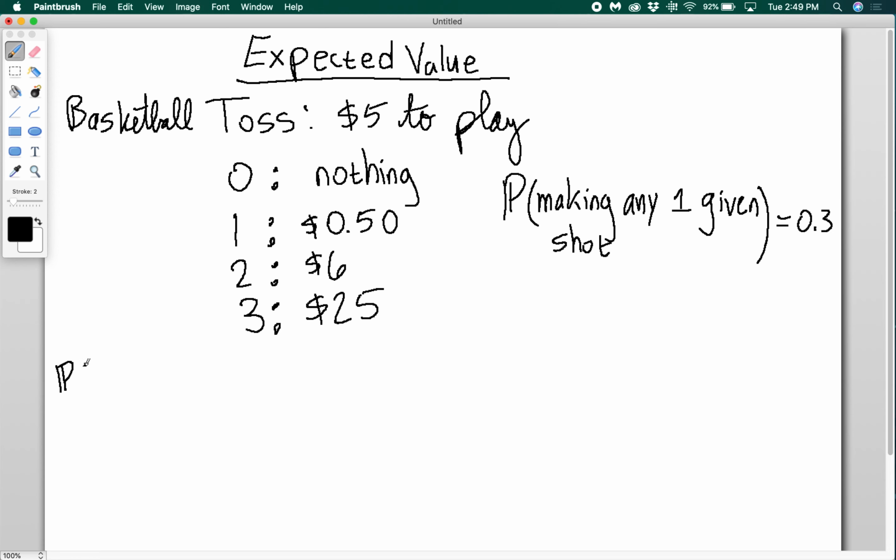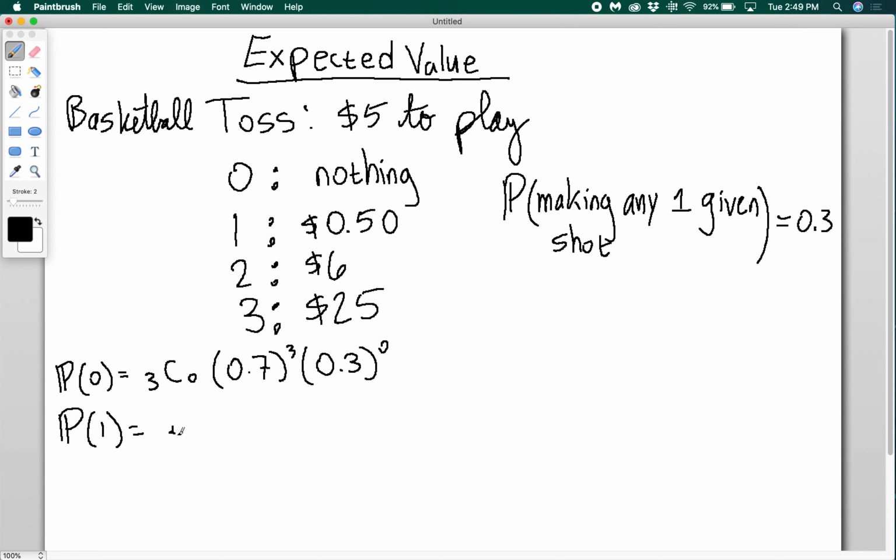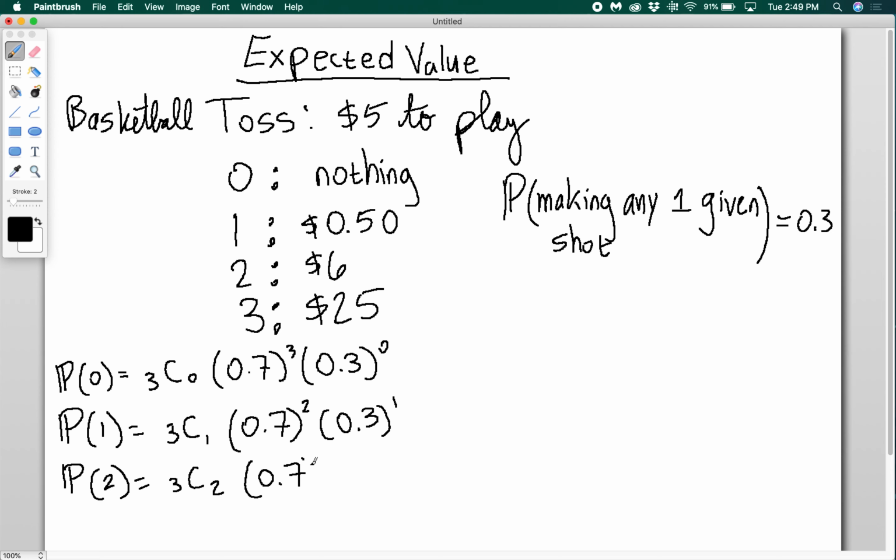So the probability that I get 0 baskets in is equal to 3 choose 0 times 0.7 to the 3rd power times 0.3 to the 0. Probability of getting 1 is 3 choose 1, 0.7 to the 2, 0.3 to the 1. Probability of 2 is 3 choose 2, 0.7 to the 1, 0.3 squared.